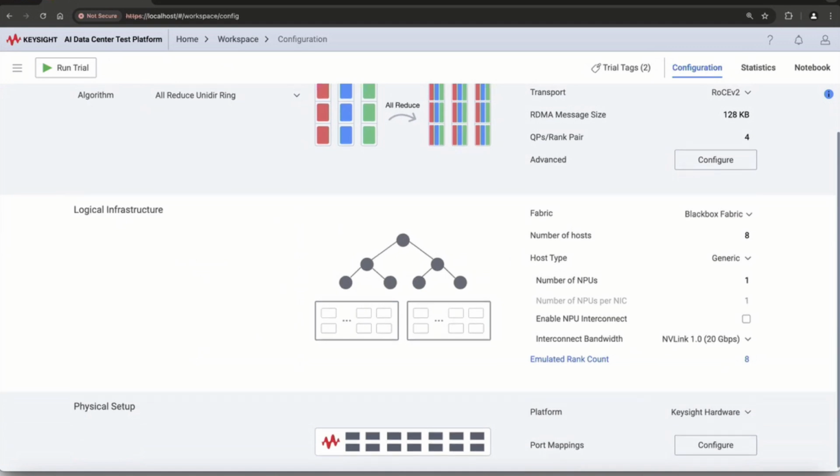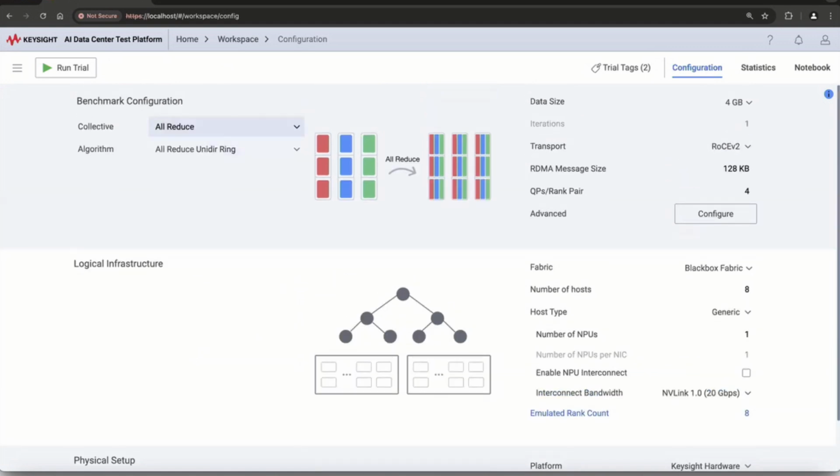So we are going to run what is known as the all-reduce collective. All-reduce is typically used during the backward pass of a training job. The premise is that all the GPUs have some amount of data that's unique to them.